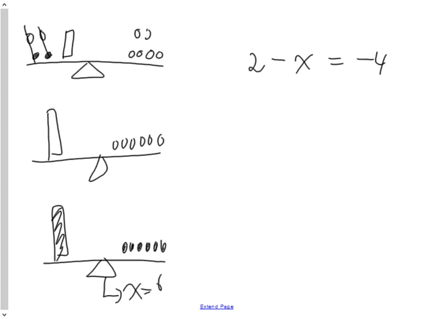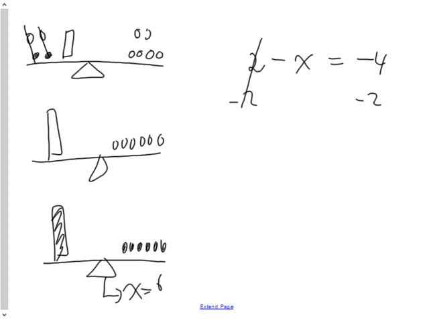Now, this is one of those things that doesn't look the same when I do it algebraically using opposite operations. So the first thing I did, if you remember, is I put -2 on both sides. So here, if I put a -2 on both sides, that gets rid of the constant of positive 2.